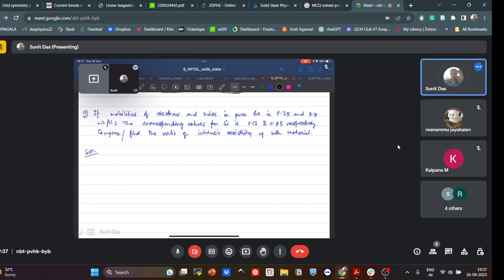So, anyone, what will be the answer for the ratio of resistivity? That's the inverse of conductivity.